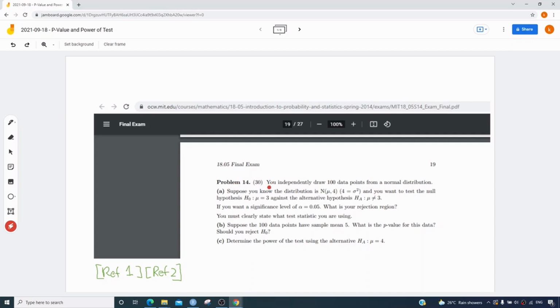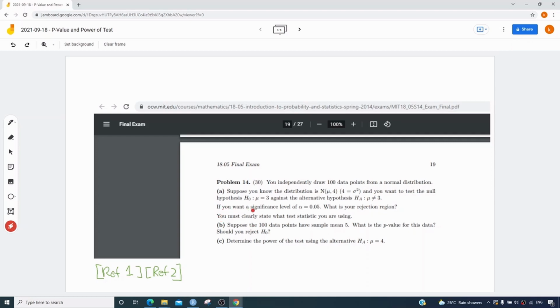So we independently draw 100 data points from a normal distribution. Suppose we know the distribution is normal with variance equal to 4. We want to test the null hypothesis H0 where mu equals 3 against the alternative hypothesis HA where mu is not equal to 3.